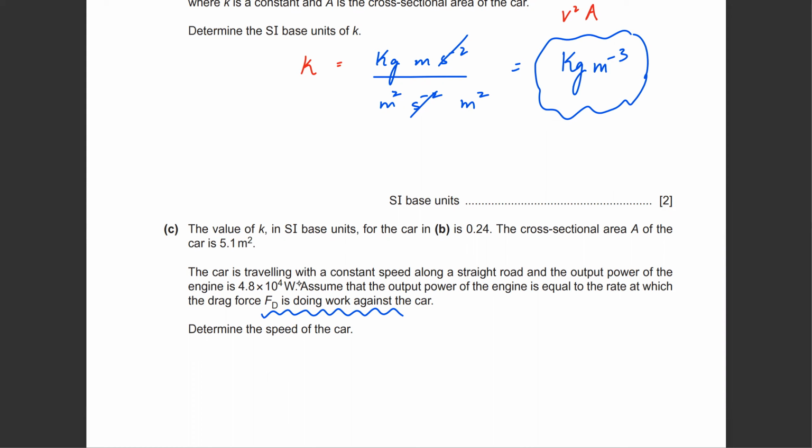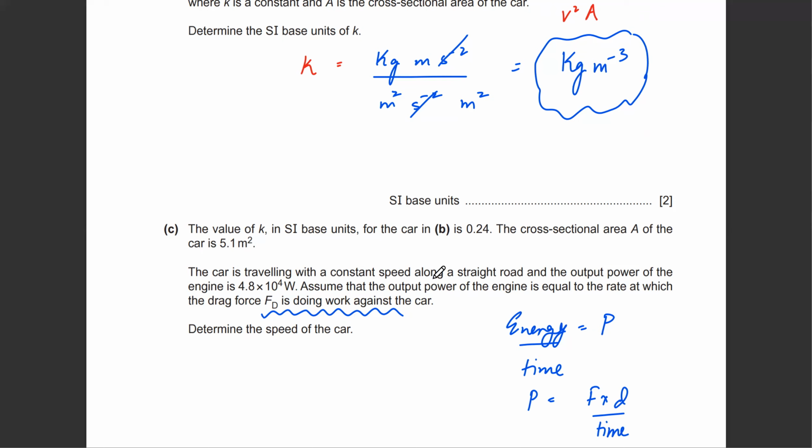So power is work done over time. And we can further write this down as power is force into distance over time, which is energy over time. So what he's saying is, he's given us the power, which is 4.8 times 10 to the power 4.